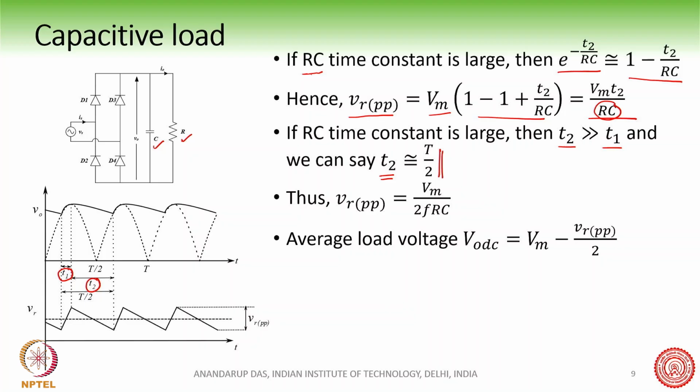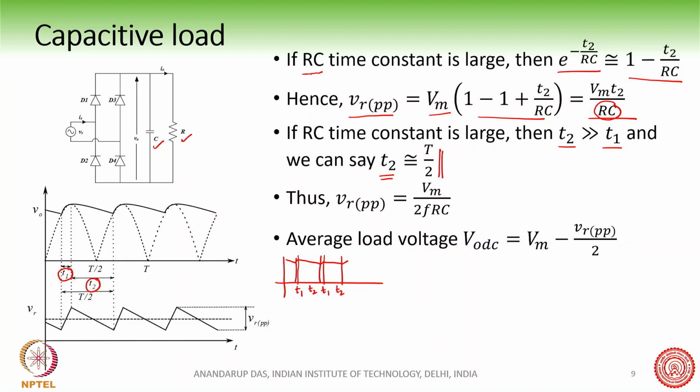Which means that basically the voltage here, if you see, the T1 portion is very small and T2 is very large. So this is T1 here, and this is T2, and then a very, very small T1 and very large T2 like this. This is more practical if the RC time constant is very large.